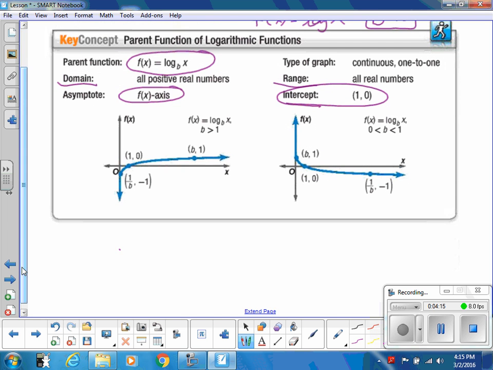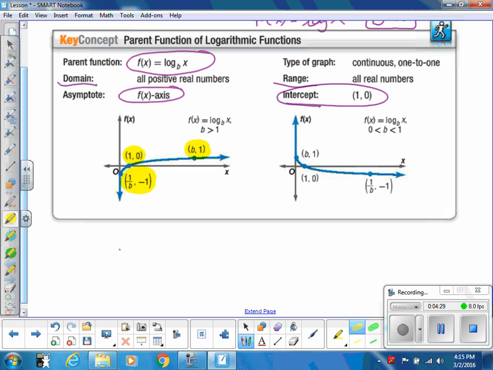Now, to graph a basic log function, you want 3 points. You want your intercept point, which is (1, 0). You want the point (b, 1) and (1/b, -1).